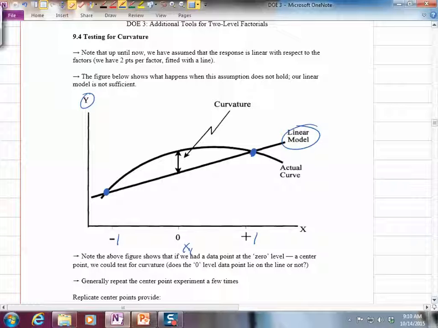I could take data right here. Anywhere in between here I could take data. But if I'm trying to determine the difference between this curve and this line, where would be the best place to take some more data? Yeah, Thomas. The center. The center, right. Right here. Why? That's where the curvature is highest.